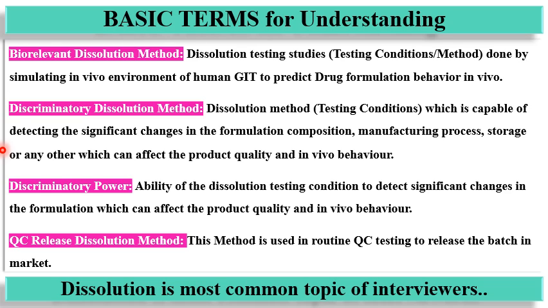And the discriminatory dissolution method may or may not give you biorelevant dissolution method properties. The difference between these is only that the biorelevant dissolution method uses dissolution testing conditions which mimic the in vivo environment of the human GIT, like biorelevant dissolution media, whereas the discriminatory method and QC release method may not use biorelevant media.